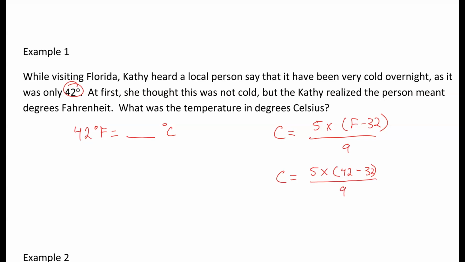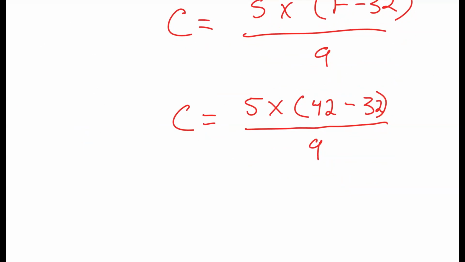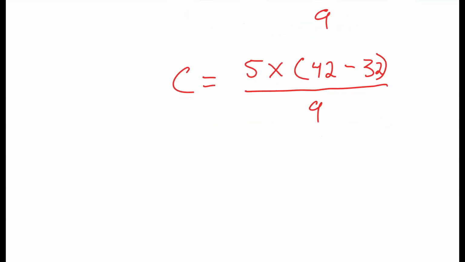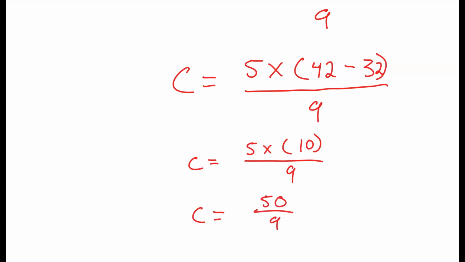So the first thing we want to do is deal with the 42 subtract 32. So we want to follow BEDMAS and follow our order of operations. So we have C equals 5 times, we have 42 subtract 32, leaving us with 10, closing the brackets, dividing by 9. Now we have C equals 5 times 10, which is 50, divided by 9.